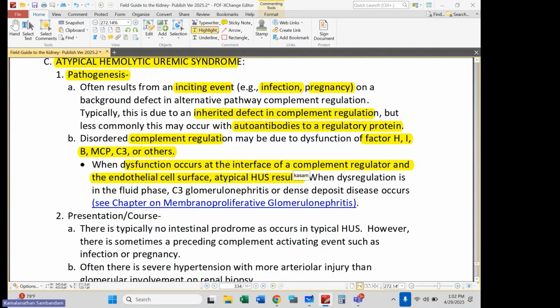Remember, let's use complement factor H as a standard for making this point. People have described C-terminal mutations of factor H being associated, forgive me, I don't remember which, with either C3GN or atypical HUS, versus N-terminal mutations of factor H, which are associated with the opposite.